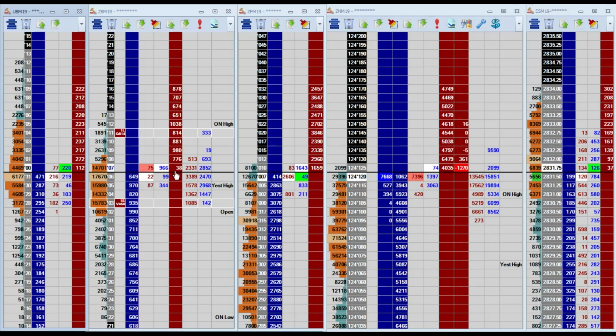Sellers are really absorbing a lot of the buying at this level. It's not good. Doing it over there too.